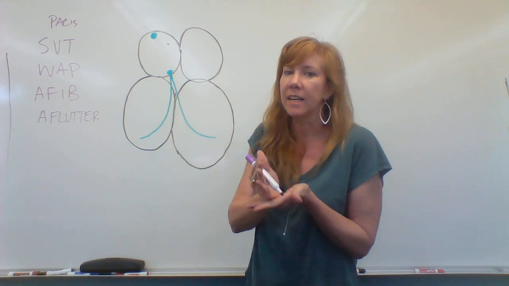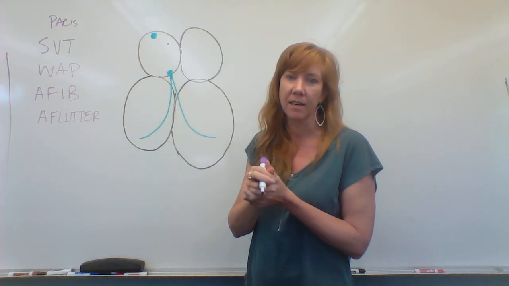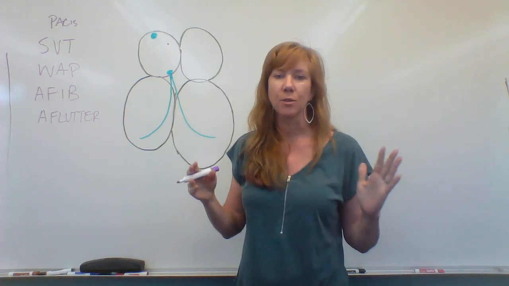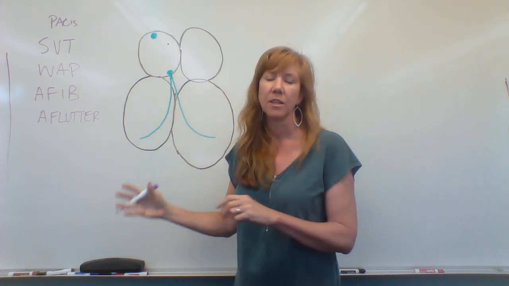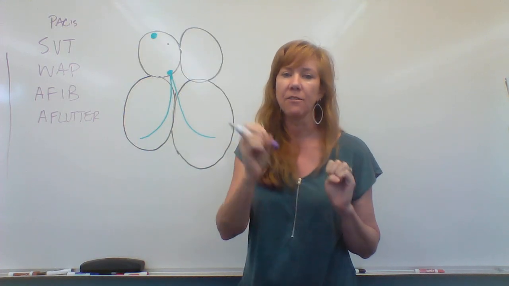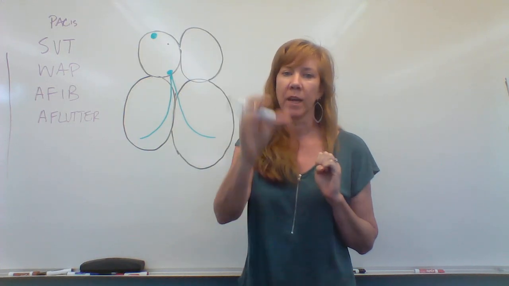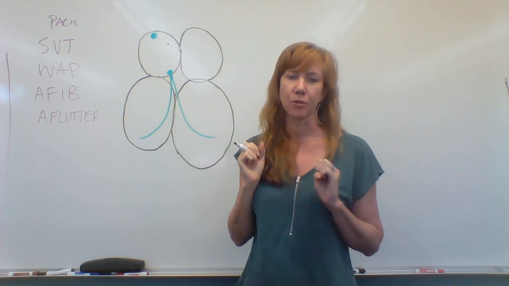It has to get in there fast in order to get that extra beat in. And around it, sinus rhythm keeps on going. So sometimes a cell like this doesn't take over the whole heart rhythm. It's just every now and then throwing in an extra beat or a couple of extra beats.